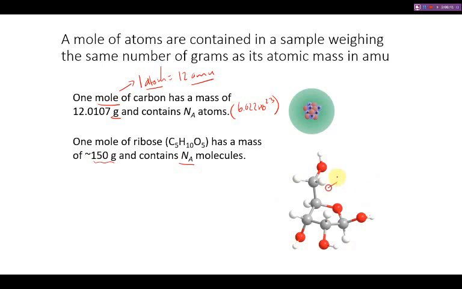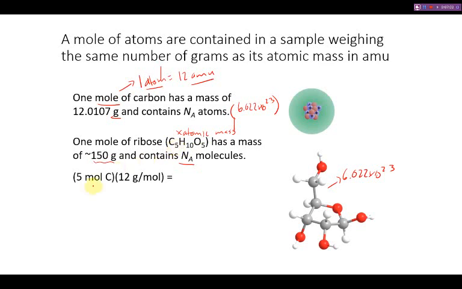So 6.022 times 10 to the 23 of these. How we get this is by using the molecular formula and multiplying times the atomic mass of each of these.